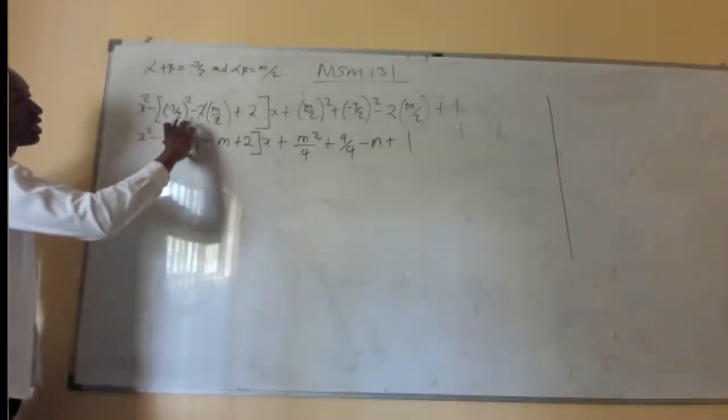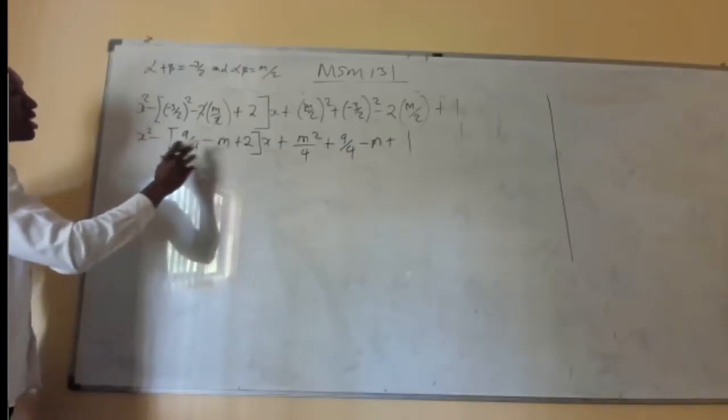So now we know 9 over 4 plus 2, this is actually the same as 17 over 4.